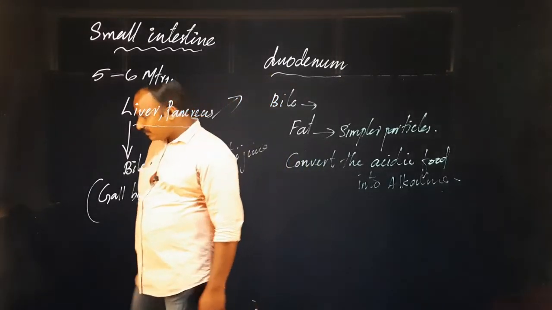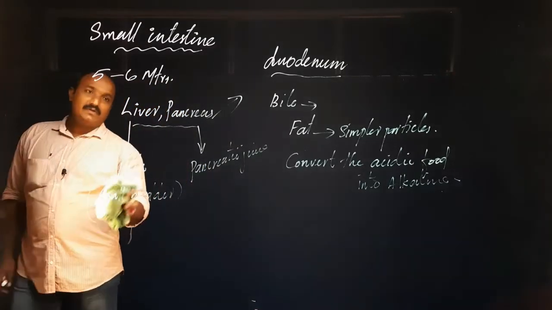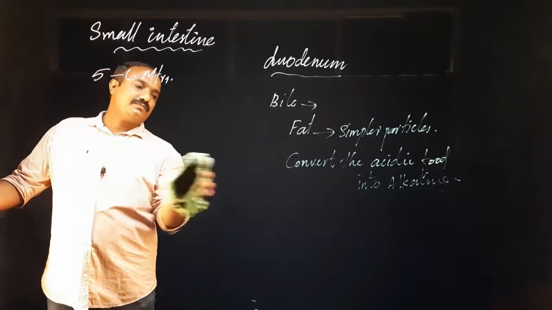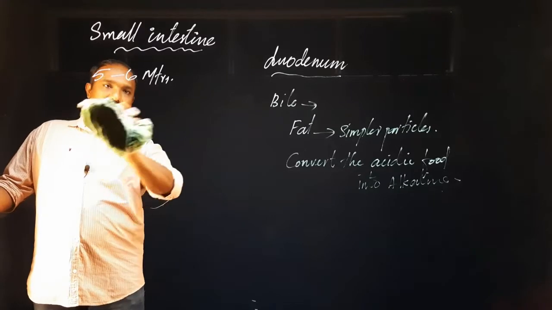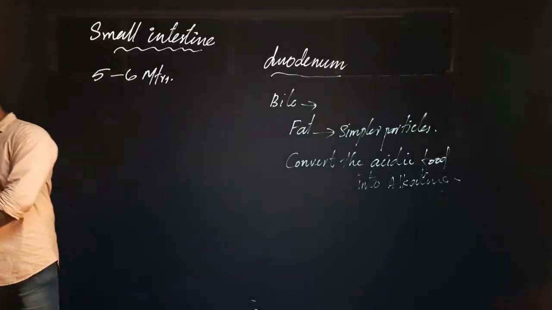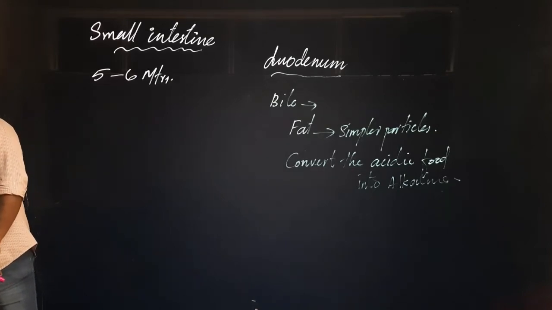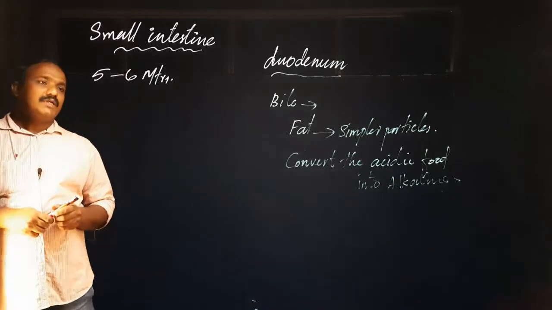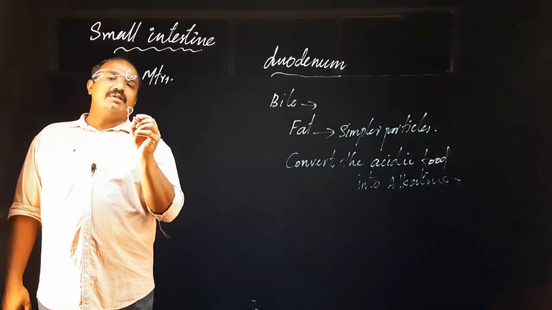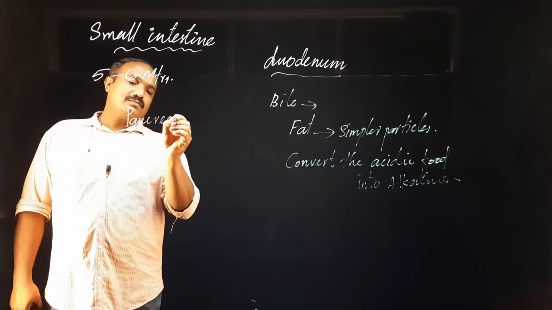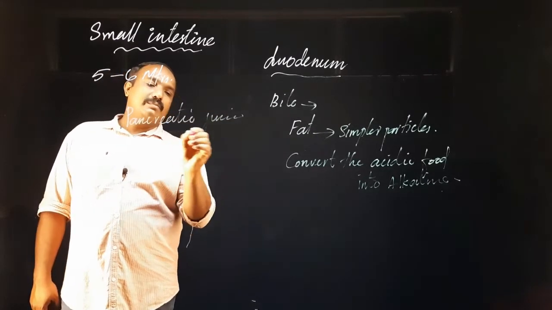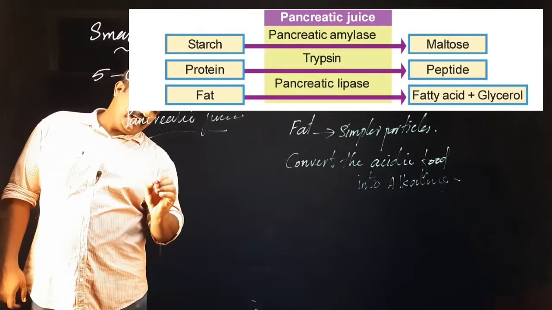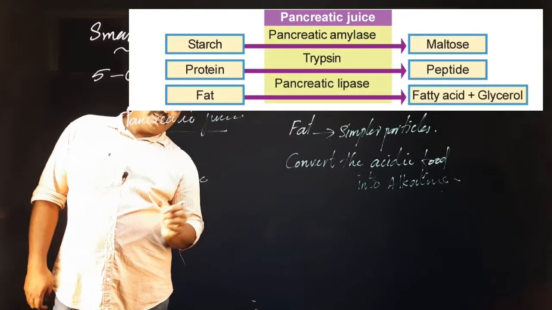Look, the first enzyme in the pancreatic juice is pancreatic amylase.